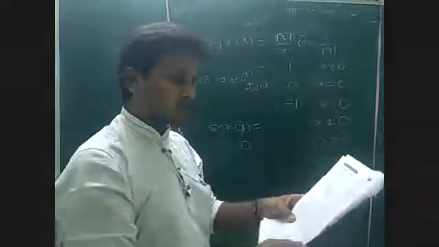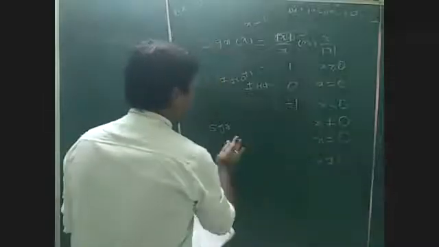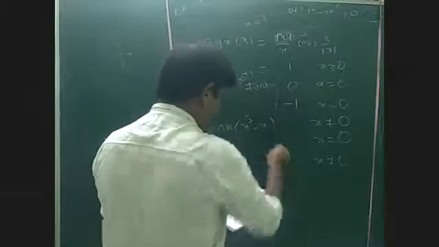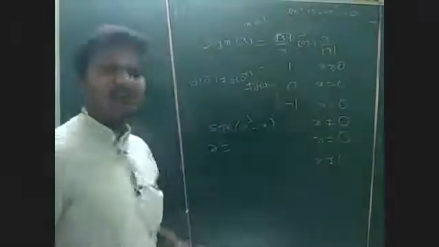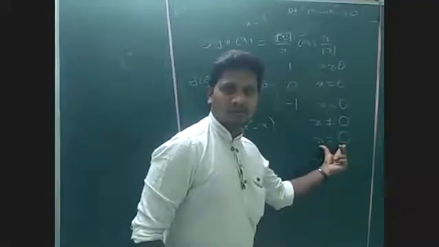So in question number 28, the function x cube minus x is discontinuous at which points? Discontinuous means equating to 0.